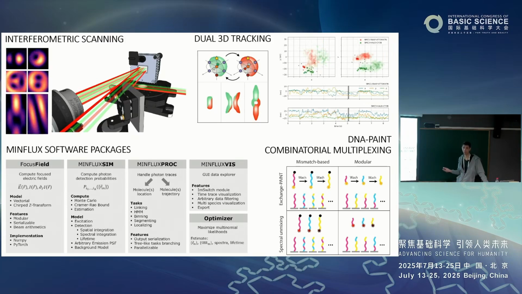And the question is, can you distinguish these two? So there are people who look at rotations of molecules and stuff like this, and they do dual labeling to have rigid labeling.